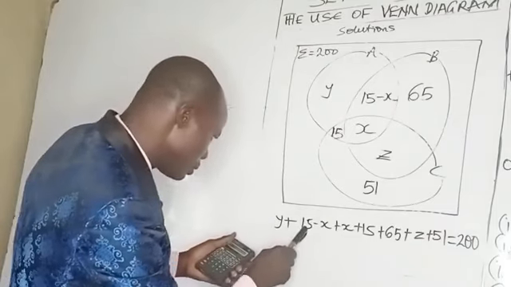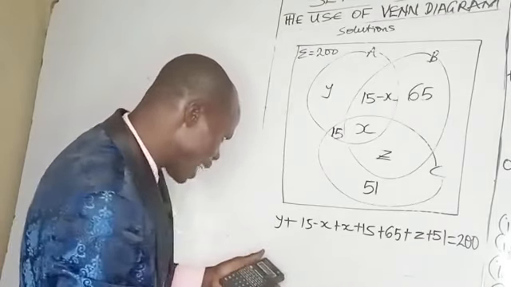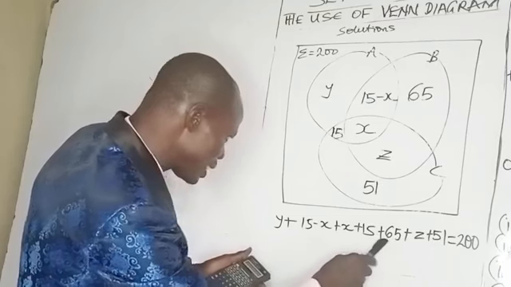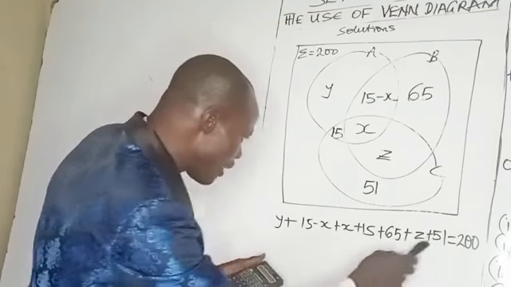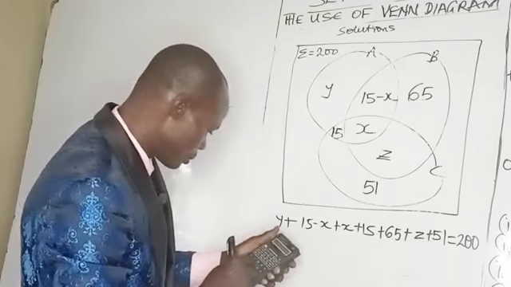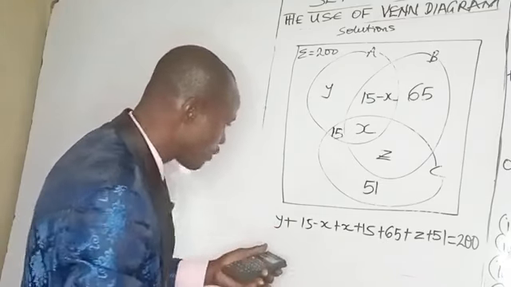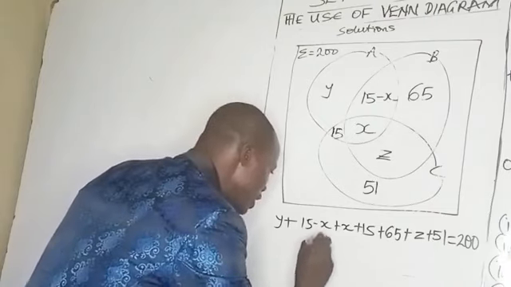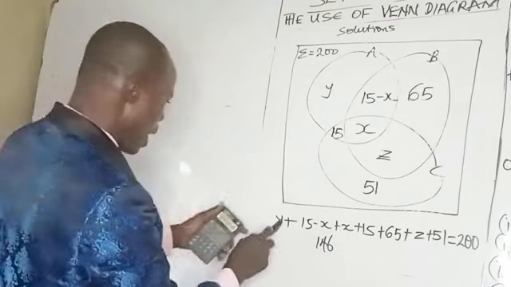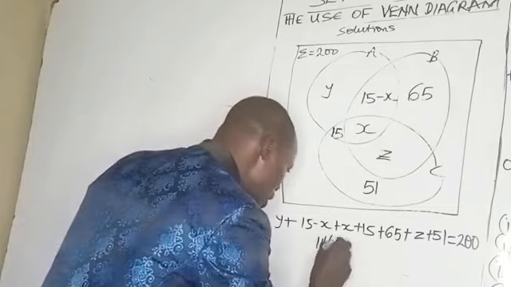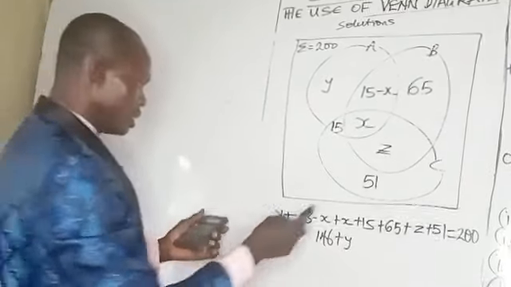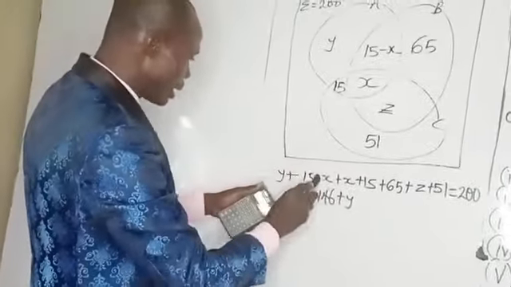Then 15 plus 15 is 30, plus 65 is 95, plus 51 is total 146. Then you have Y plus Y, then minus X plus X, you cancel, minus and plus is minus.